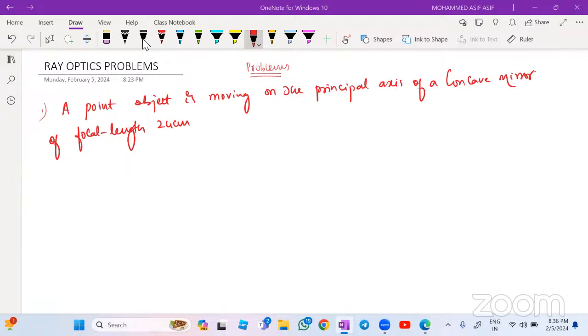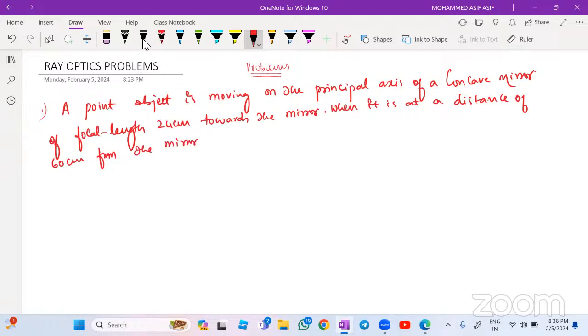What is the question? Point object is moving on the principal axis of a concave mirror of focal length 24 centimeters towards the mirror. When it is at a distance of 60 centimeter from the mirror, its velocity is 9 centimeter per second.